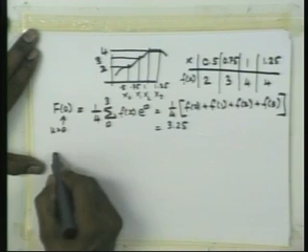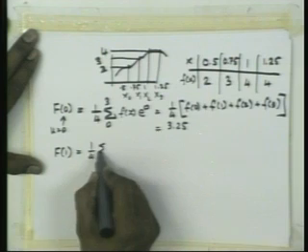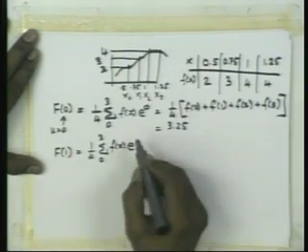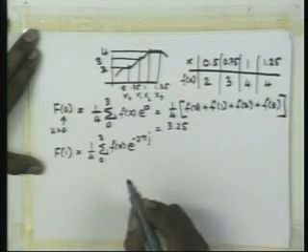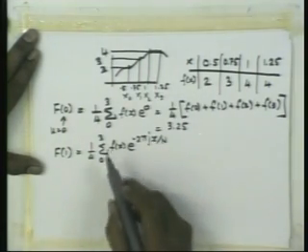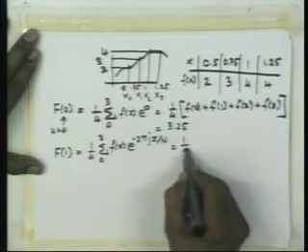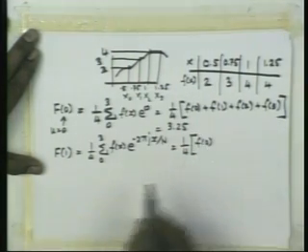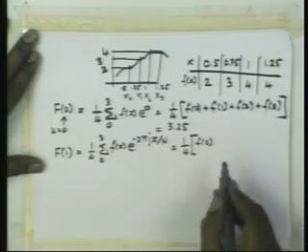Now we take u is equal to 1, then we will get F of 1, and that is 1 by 4 summation 0 to 3 f of x e to the power minus 2 pi j, times 1, which is u, times x divided by n, where x is varying from 0 to 3. So here what I get is 1 by 4 times f of 0. When I take f of 0, the exponent will become 0, so we get 1.